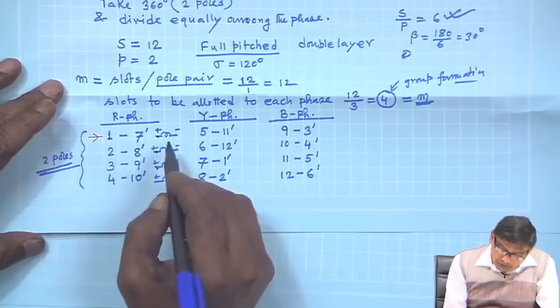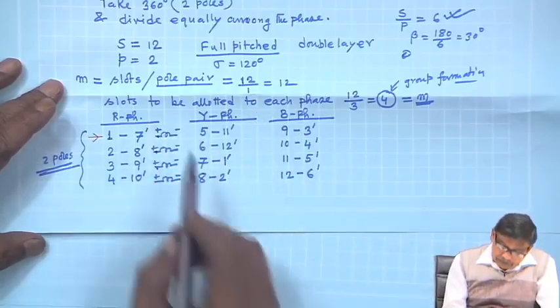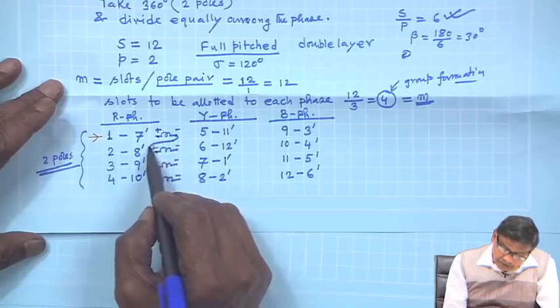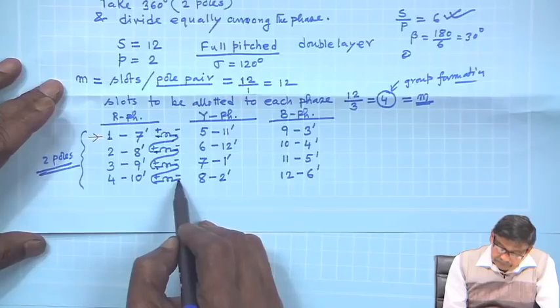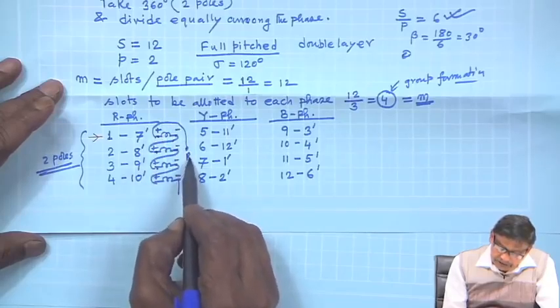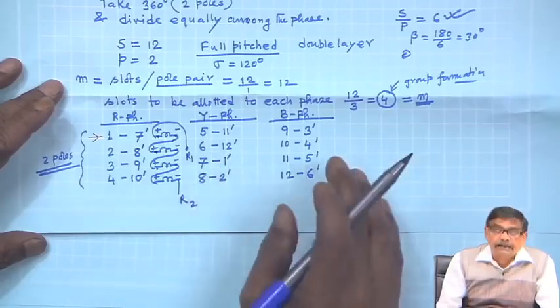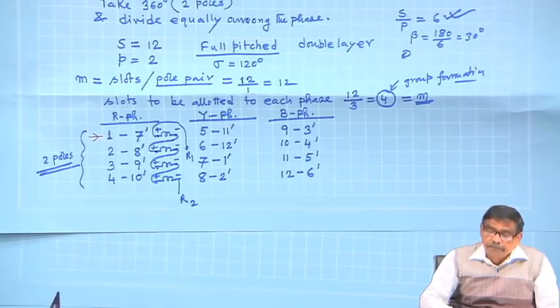Therefore, while forming this is one group, that is all. So, all four are to be connected in series like this, and these two will be your R phase terminal R 1 and R 2. Similarly, for Y phase and B phase it can be done.